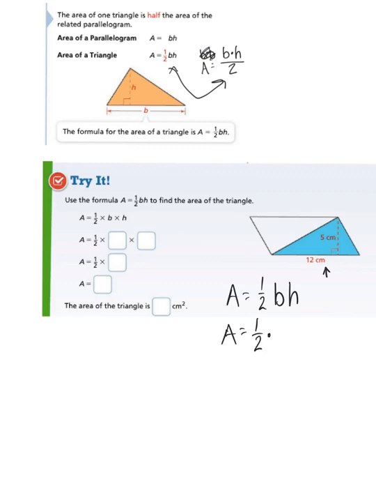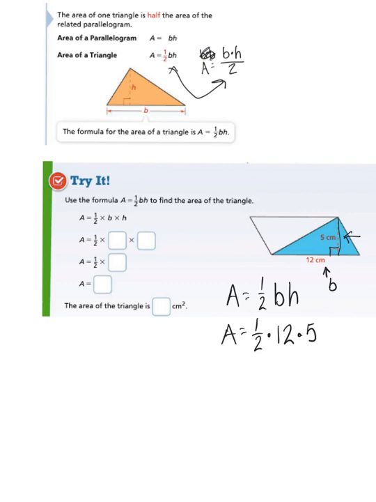Well, the base is 12 and the height, remember, find that dashed line that makes the H with the 90-degree angle, that's going to be your height. Whenever you're multiplying, you can multiply left to right. You can do this a couple of different ways.